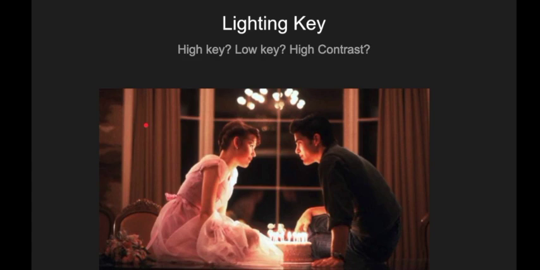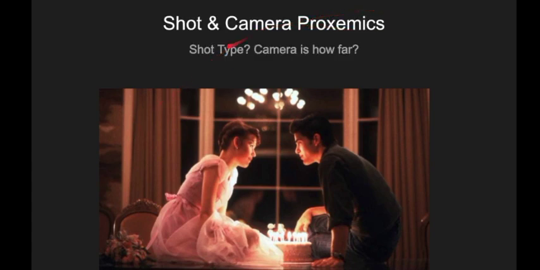Now we'll be moving on to shot and camera proxemics. When we're evaluating an image or a film video, we really want to look at the shot type. Here in this 16 Candles screenshot that I took of this scene, I would say this could be a long shot and a medium shot.